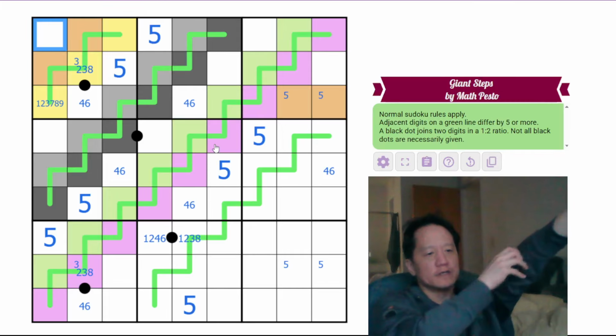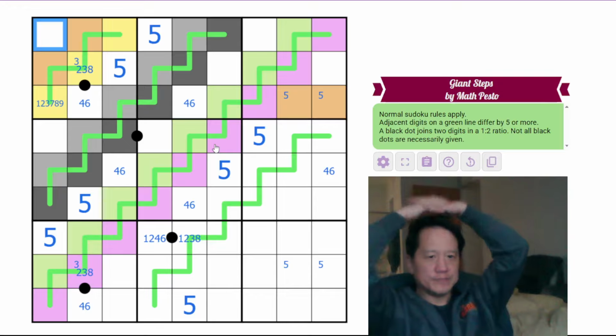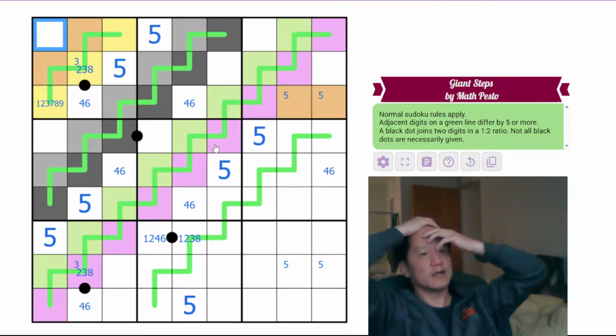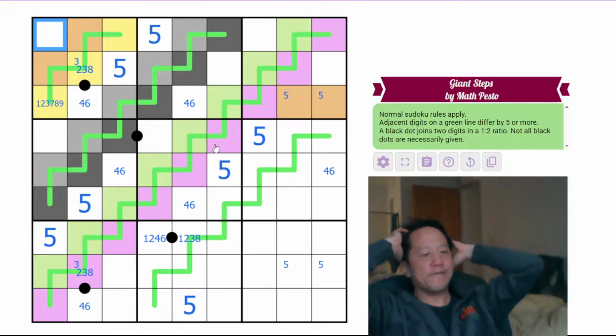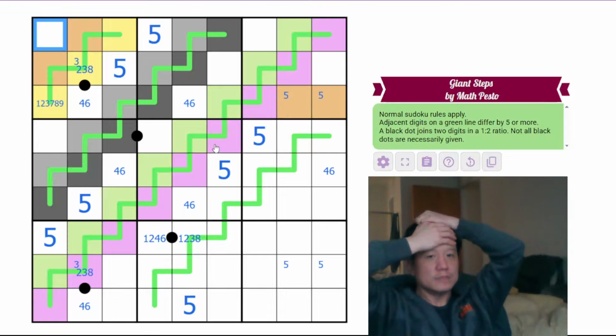Three and six would be one low and one high, but two and four could be the same set of low and high. Hmm.